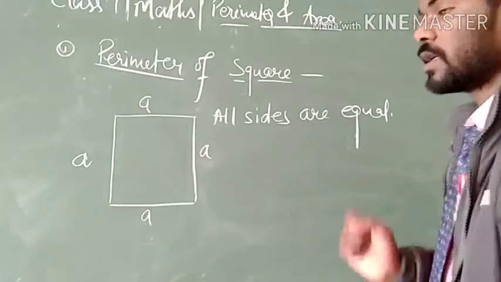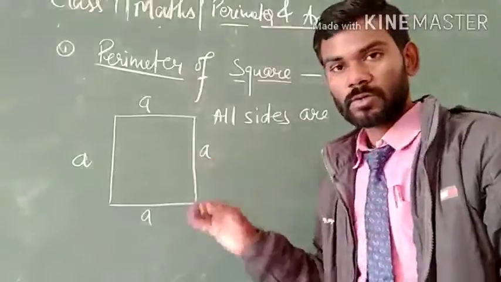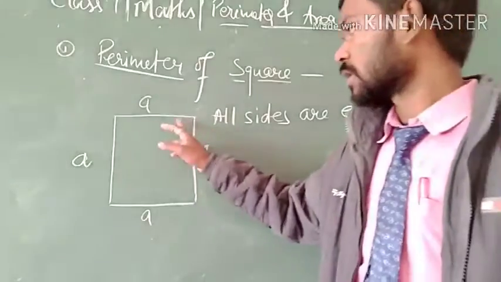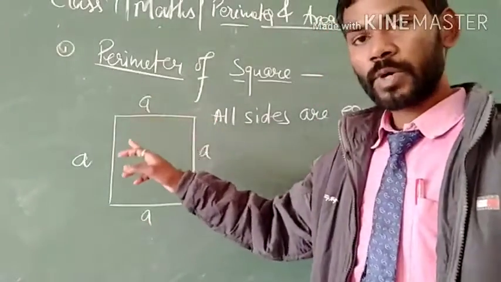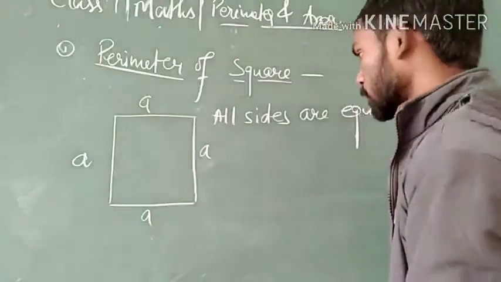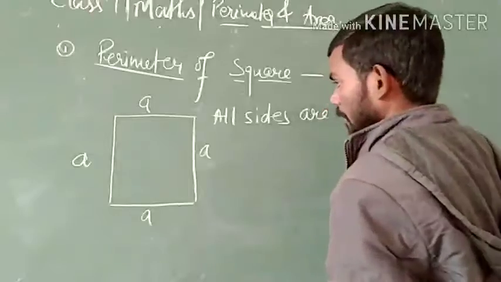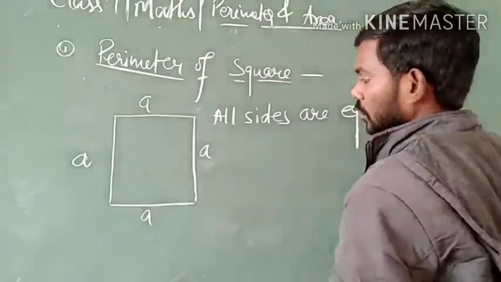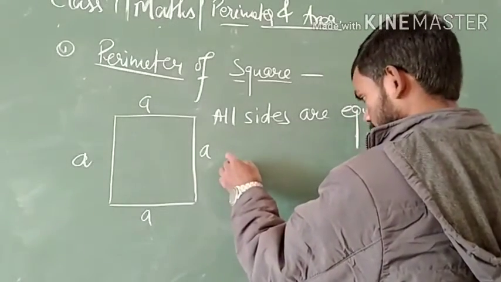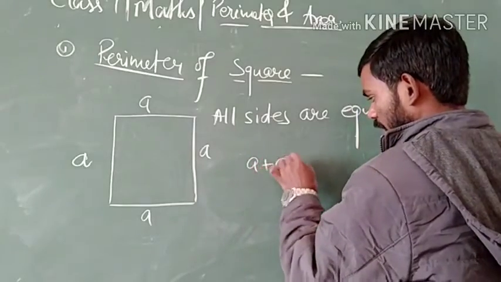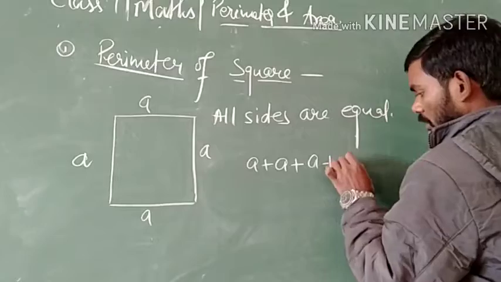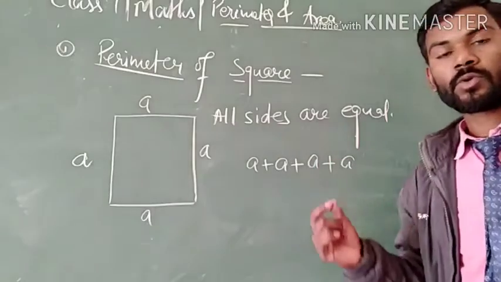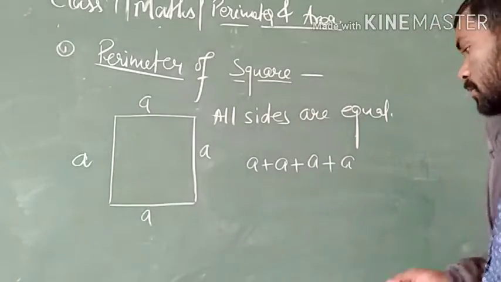Now we apply the definition here: the total length of the boundary. This is the boundary of the square, and when we add them to get the total length of the boundary, we write a plus a plus a plus a. This will give us the total length of the boundary.